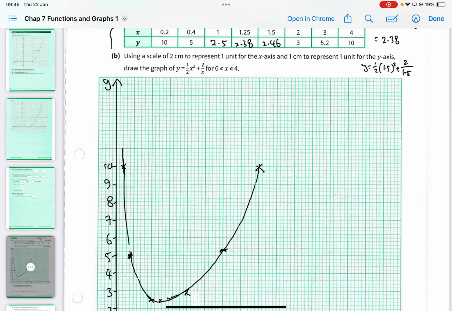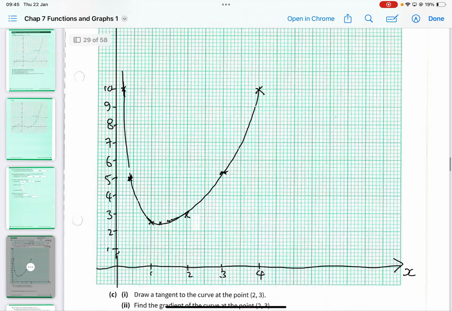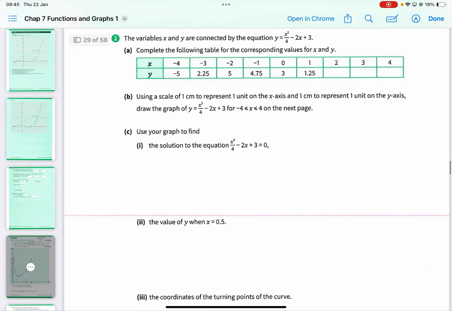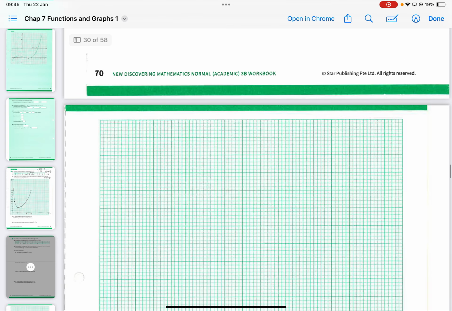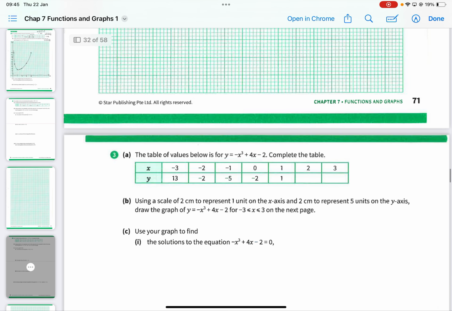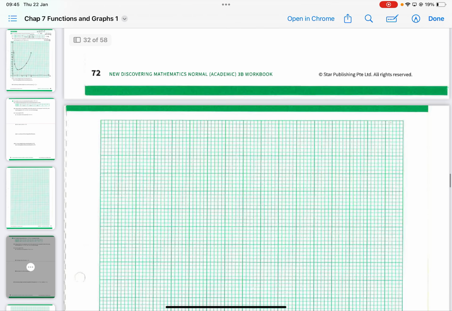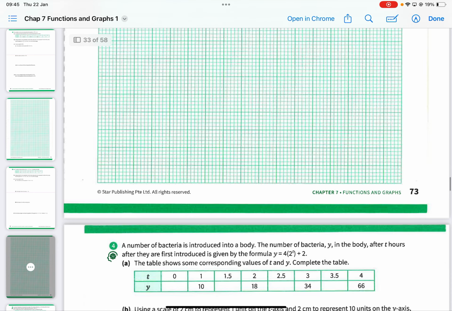Okay, when y'all go back, try to plot the graph. And then the next question, question 2, also try to plot the graph. Question 3, also try to plot the graph. Then when we come back tomorrow, I will try to go through the answering of the questions, rather than we come here and plot the points.